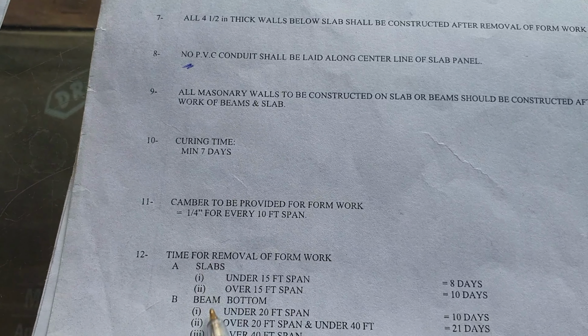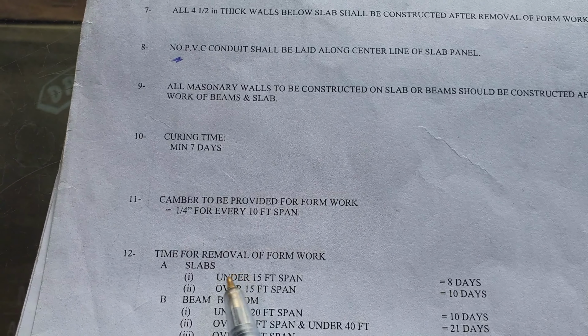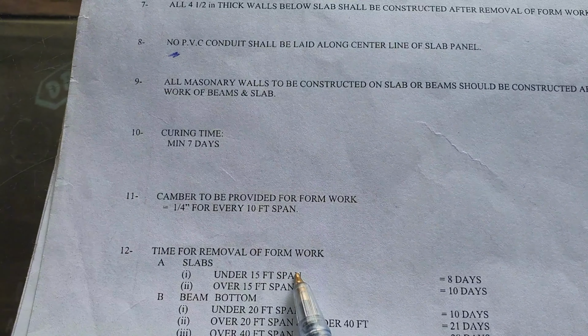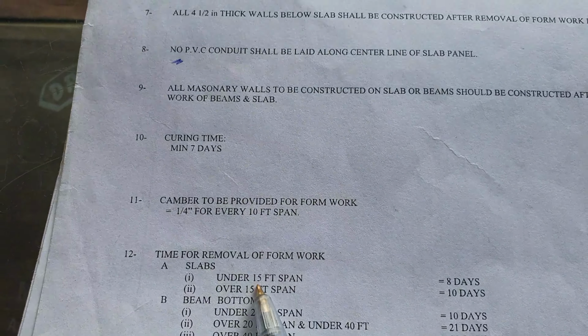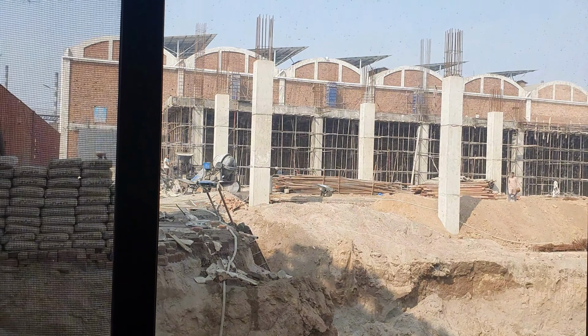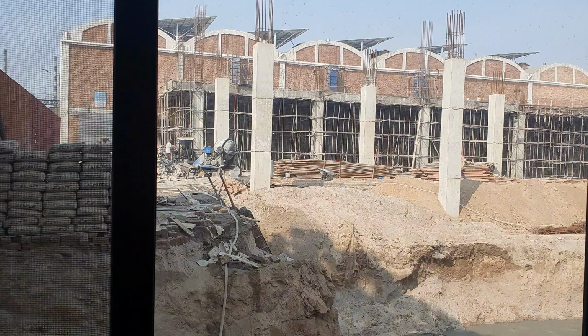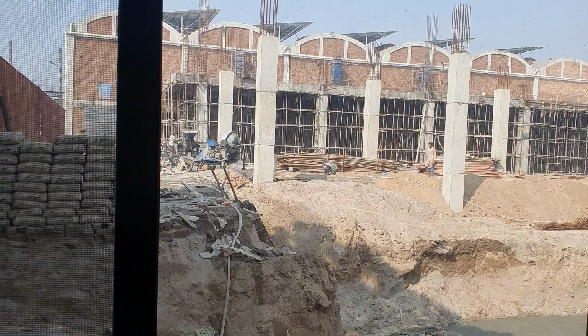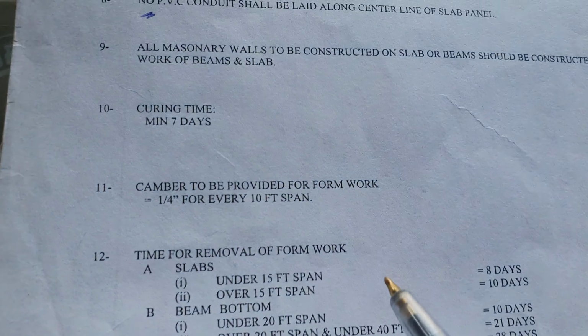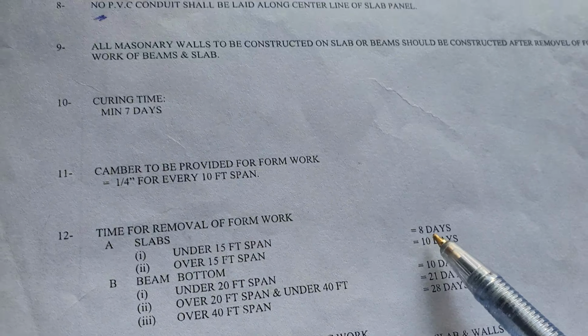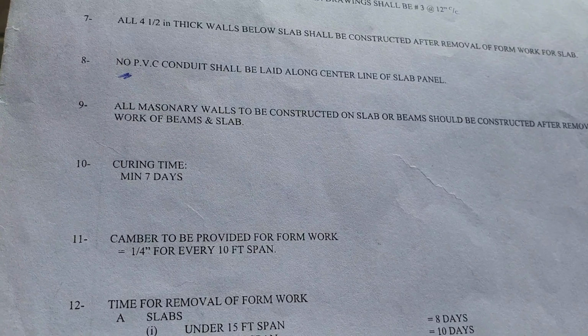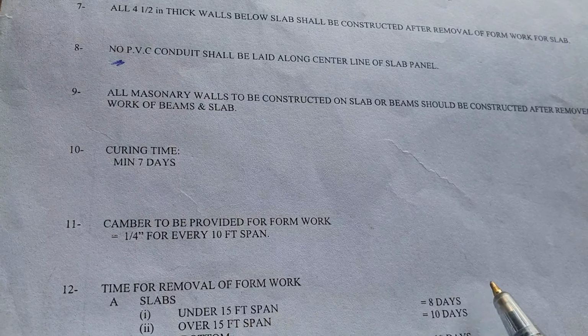For slabs and beams, if the span of a slab, the distance between two columns, is under 15 feet, you can remove the shuttering of the slab after 8 days. For spans over 15 feet, you have to wait 10 days.